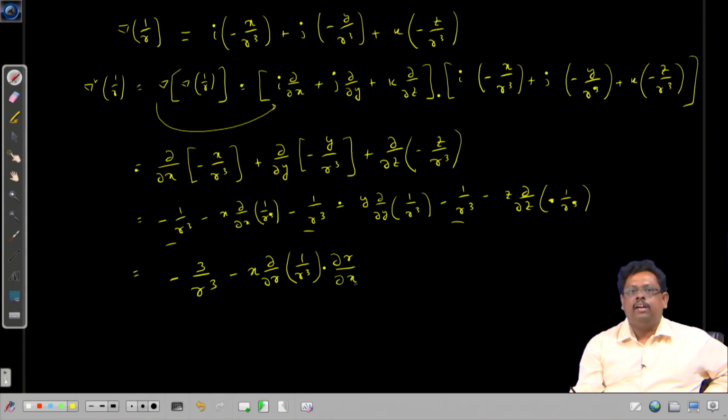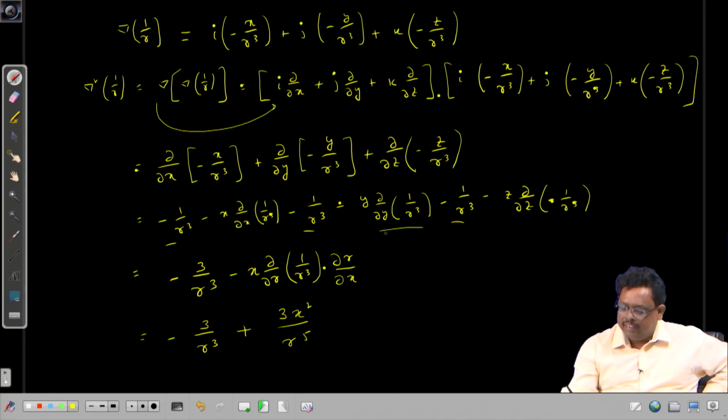So, I just part from this, I get minus 3 by r cube and here I will get plus 3 into x square divided by r to the power 5. Similarly, if I part from this, I will get plus 3 y square by r to the power 5, and if I part from this, I will get 3 z square by r to the power 5.